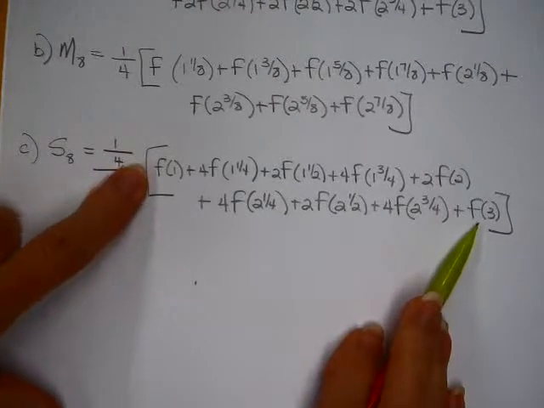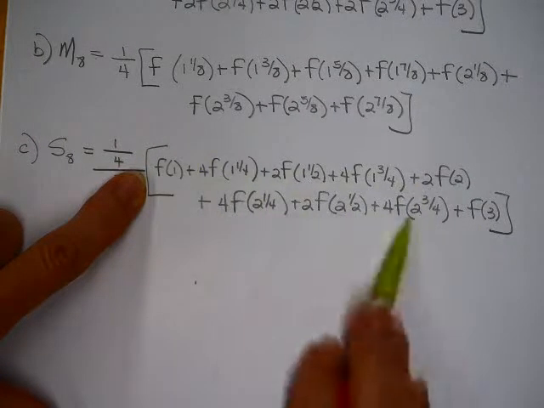First and last are not multiplied by anything. The others alternate between 4s and 2s.